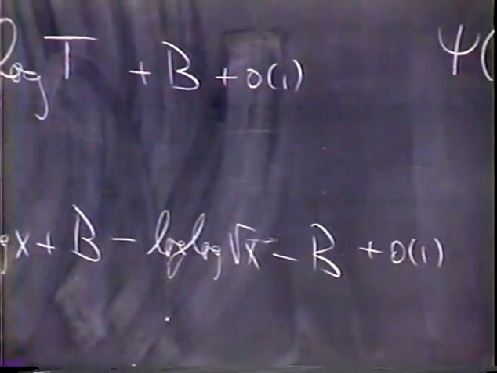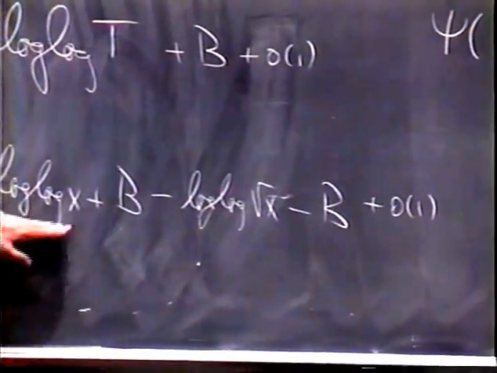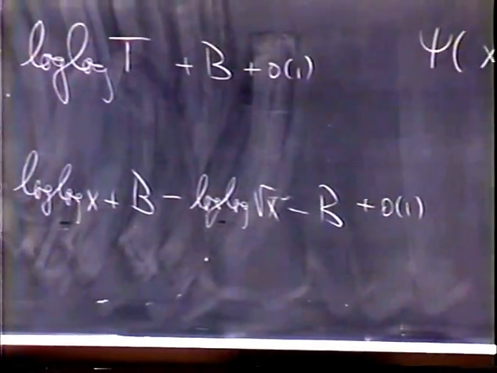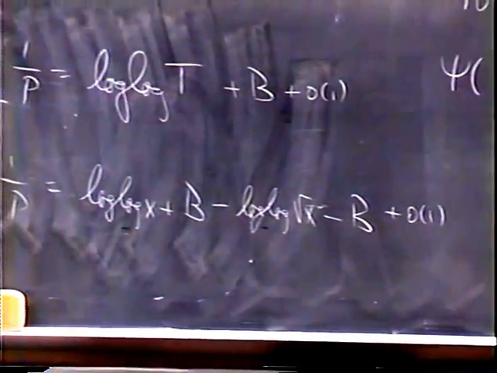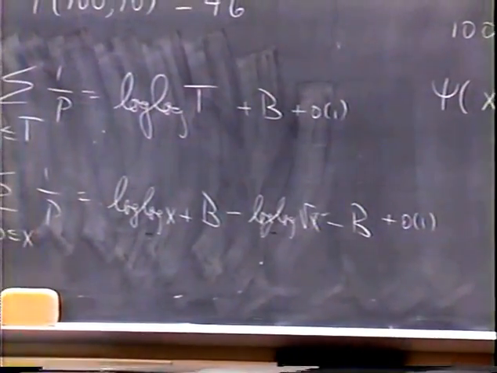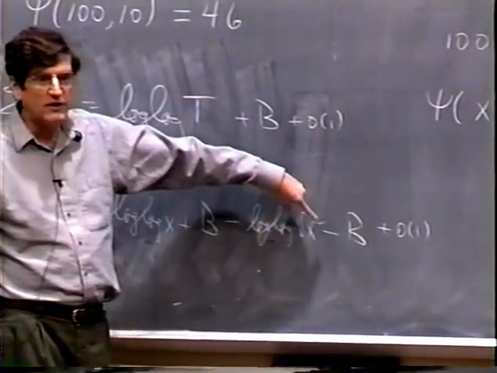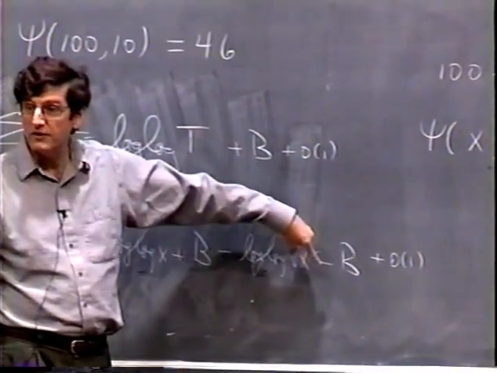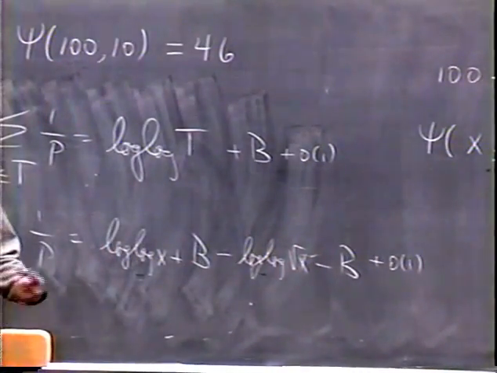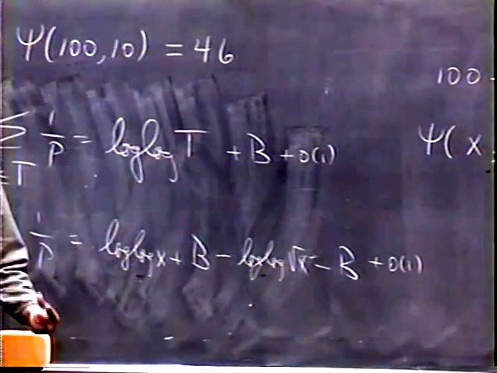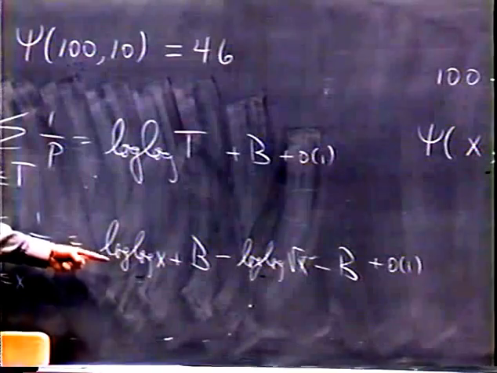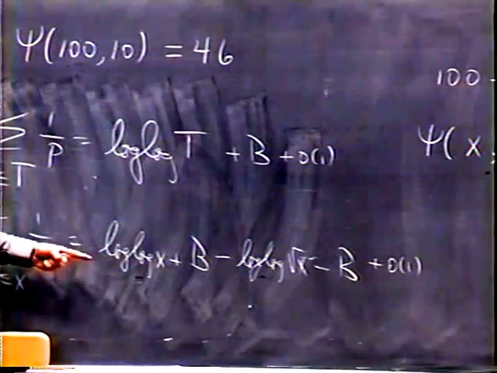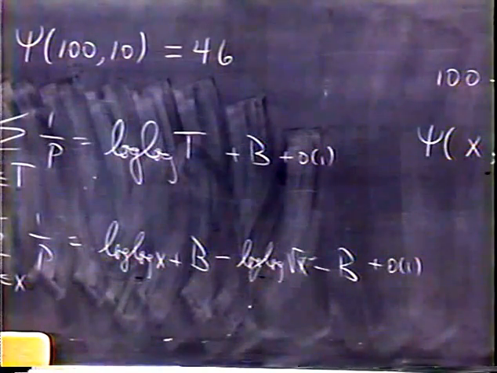And what kind of algebraic simplification can we get for these two terms? Does anybody know? Anyone taught pre-calculus recently? OK, so the log of square root of x is 1/2 log x. And so the log of that is the log of a half plus log x. So the log x's cancel. And all you're left with is minus log a half.